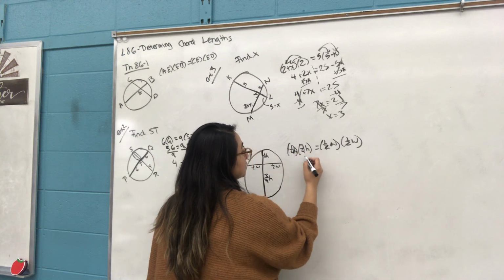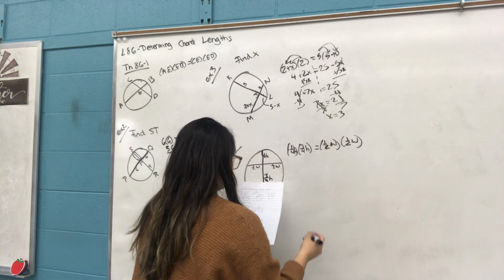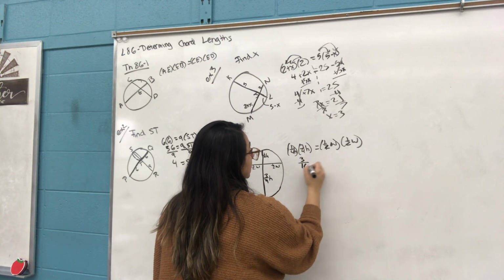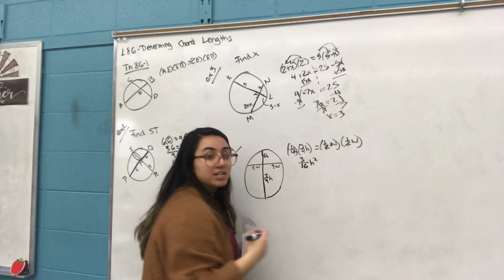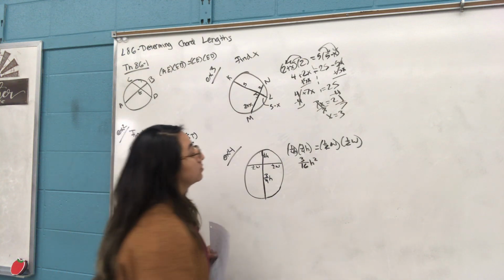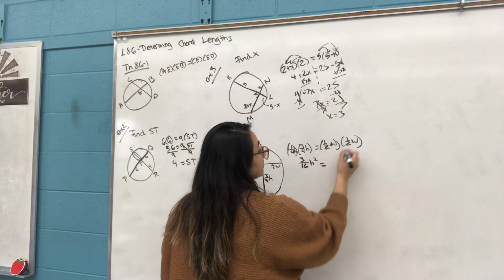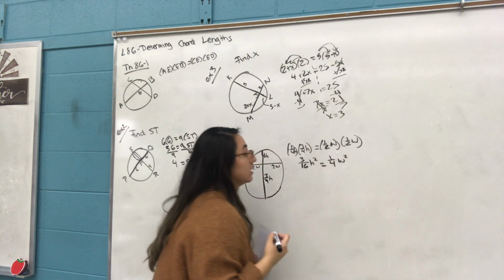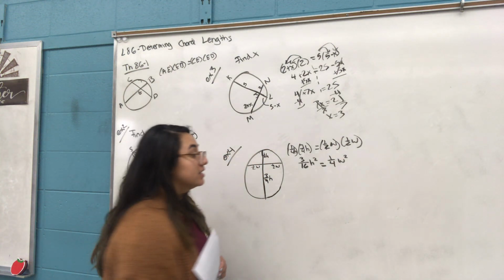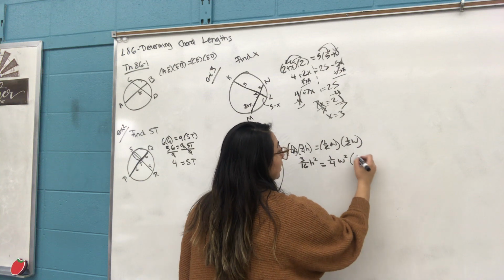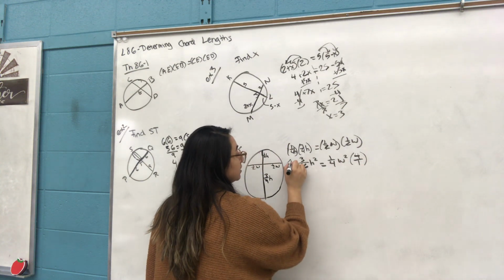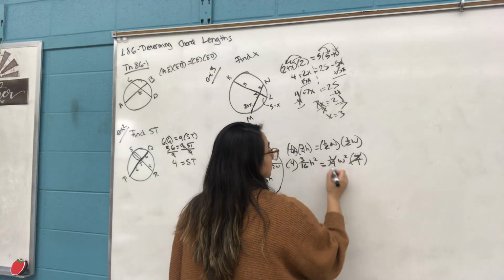So 1/4 times 3/4, I get 3/16. So 4 times 4 is 16, H squared. Remember, there's an H in each one. H times H is H squared, equal to 1/2 times 1/2 is 1/4, and width squared. We're trying to solve for the width now. To solve for the width, you get the W by itself, multiplying by the reciprocal of the fraction here, so it's just 4/1 or just 4.